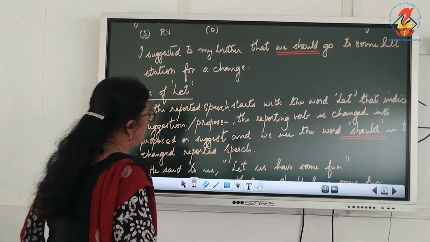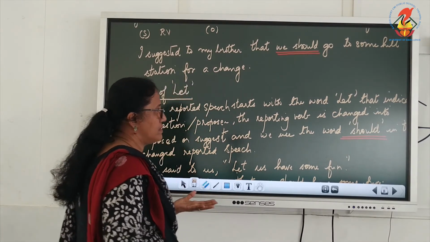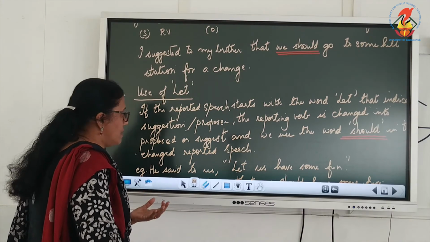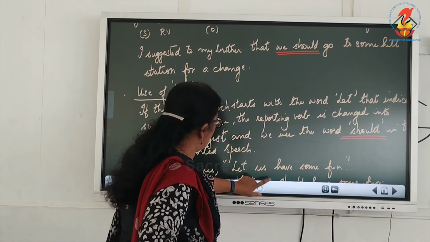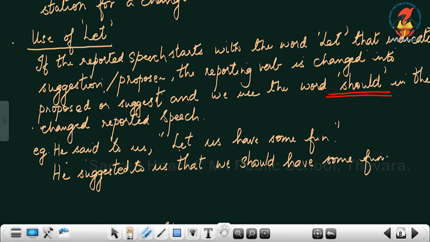So, when it is the word let, it is suggesting, we are giving our suggestions or we are proposing some of our ideas. Okay. So, now let us see how we will convert this into indirect speech. Given your example is, he said to us, let us have some fun.